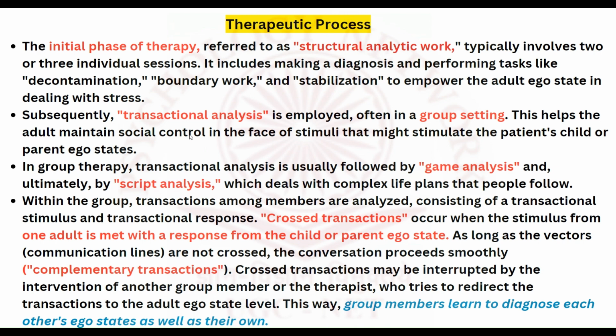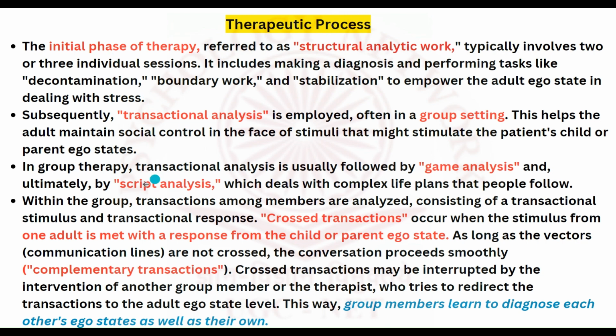Why does this happen? Because this helps the client to have social control. In a group setting, a lot of stimuli can occur. In those situations, the adult in the client would maintain social control over the client's child and parent ego.